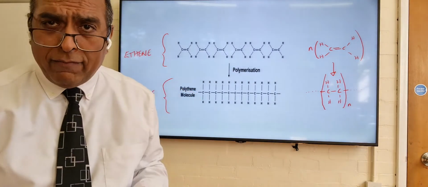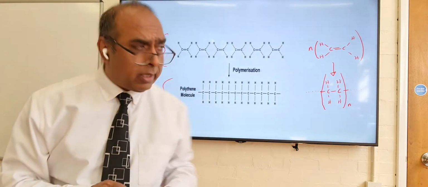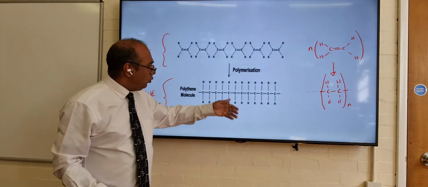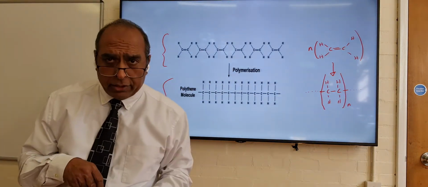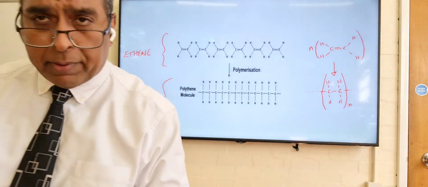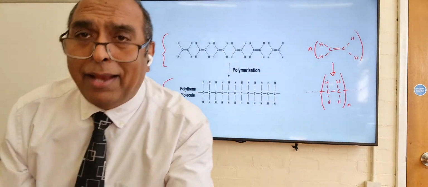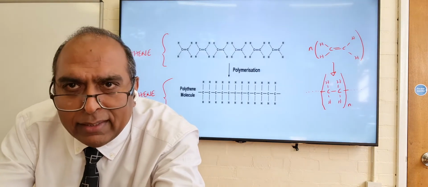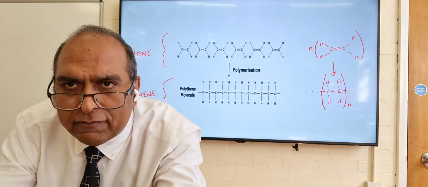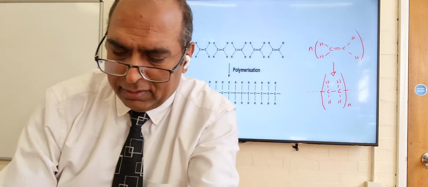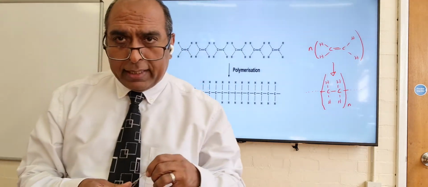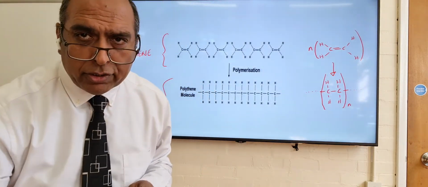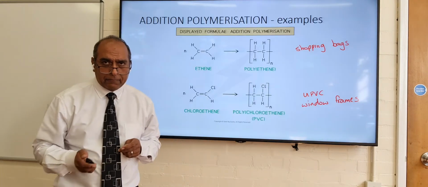So whenever we've got double bonds present like this, then we always get addition polymerization. I know I keep saying addition polymerization, but really that's what the video is about: addition versus condensation. So I'm hammering home the addition idea, and then I'll move on to the condensation idea.